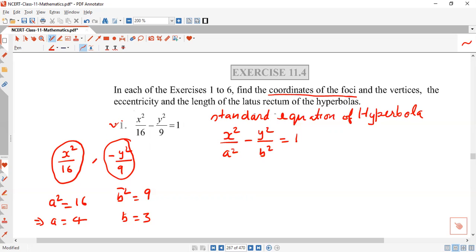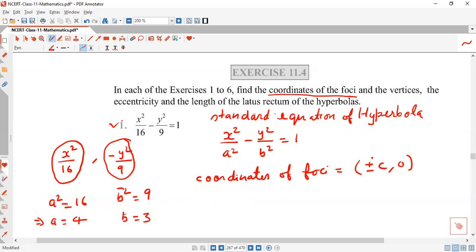The coordinates of foci will be plus minus c comma 0, because both foci lie on the x-axis, also known as the transverse axis.